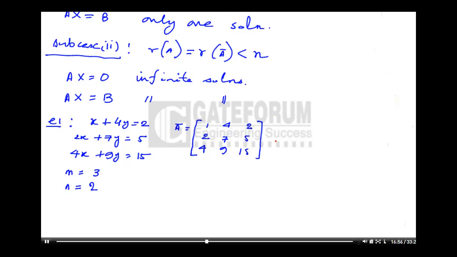Hence, on this we will apply some elementary row operations, that is R2 minus 2R1. That is, we are subtracting 2 times the elements of row 1 from the elements of row 2. And similarly, we are subtracting 4R1 from R3.